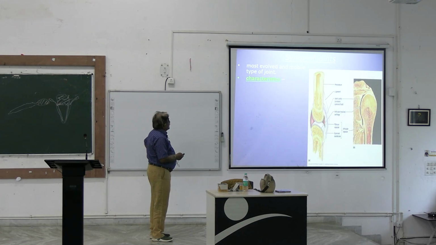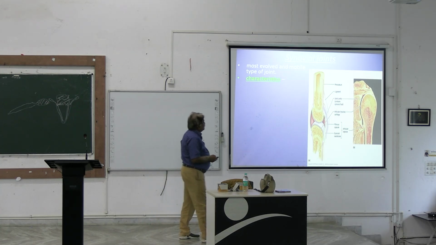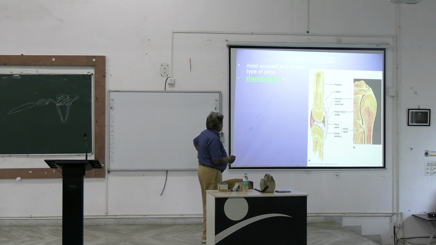Characteristics, see. You can see the periosteum, the bone, these are the ligaments, this is the joint cavity here, this articular hyaline cartilage, and the joint cavity.